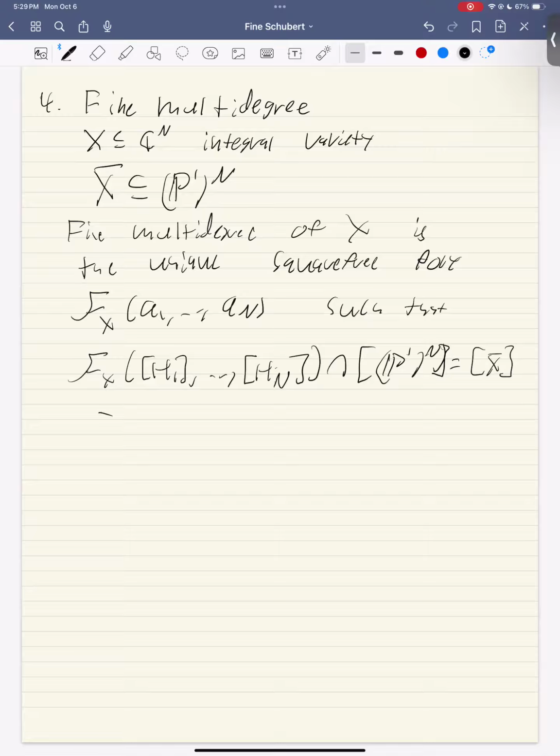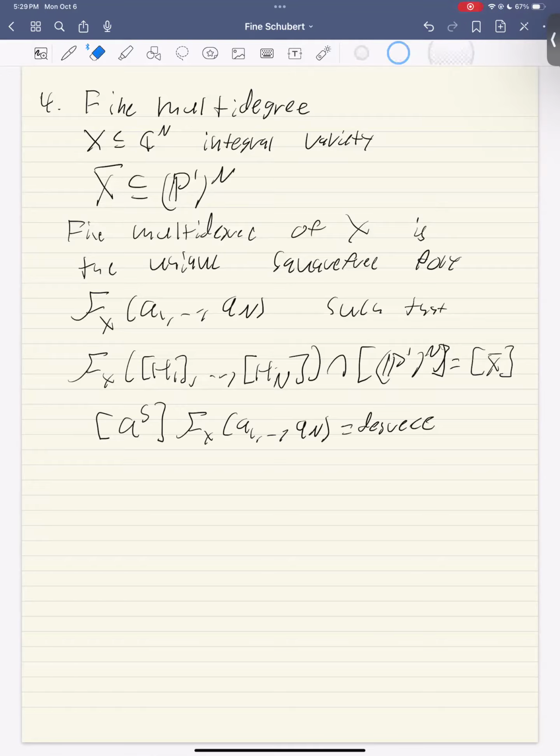If I take some coefficient of the fine multi-degree, the coefficient of A to the S, this is the degree of some coordinate projection. X sits inside affine space, C to the n, and that projects onto C to the S complement.